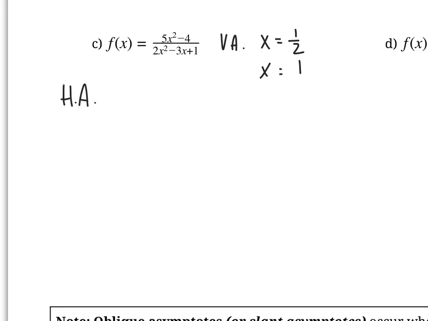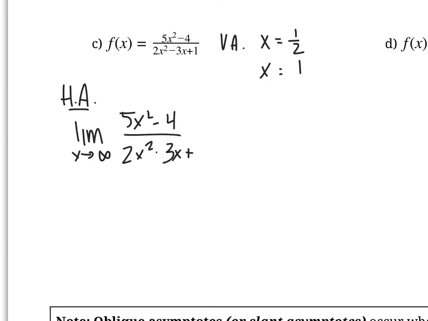We're going to follow the same process here. We're basically taking the limit as x goes to infinity of (5x squared minus 4) over (2x squared minus 3x plus 1). We look at what our highest power is, and we divide each term by that.